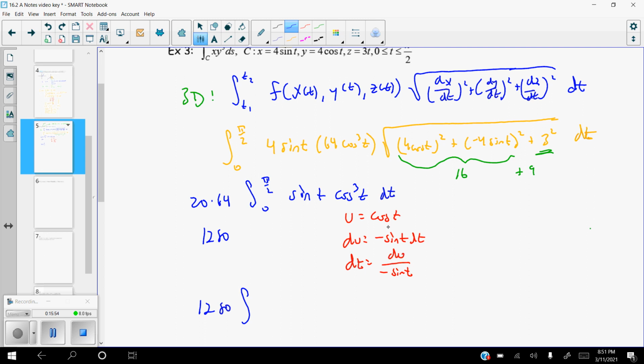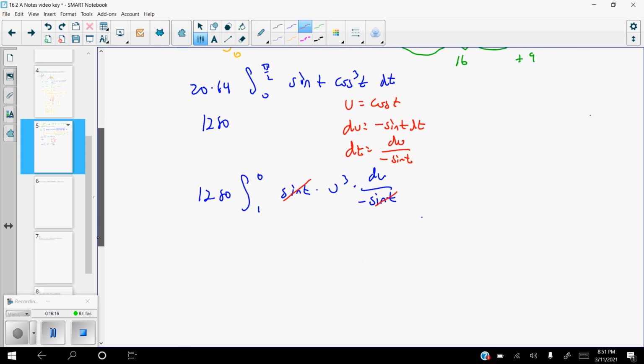Cosine of 0 is 1. Cosine of pi halves is 0. When I do my substitutions, I'm going to get sine t times u cubed, times dt, which is du over negative sine t. I like the fact that that extra negative is there because it's going to allow me to flip my bounds back over in a more correct form.